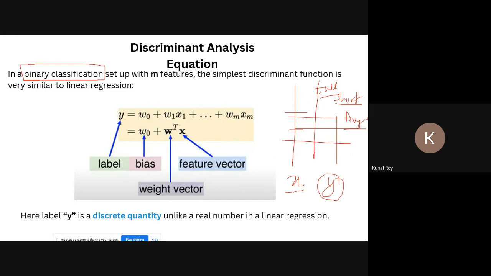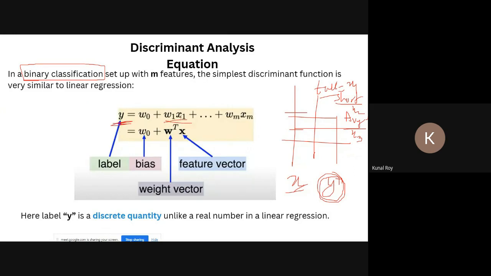So x can be of many parts. Say tall is x1, short is x2, and average is x3. We want to find the relationship between them, so we can say y. Y can be the predicted variable, the predicted tallness of anything. So y can have w1 x1.